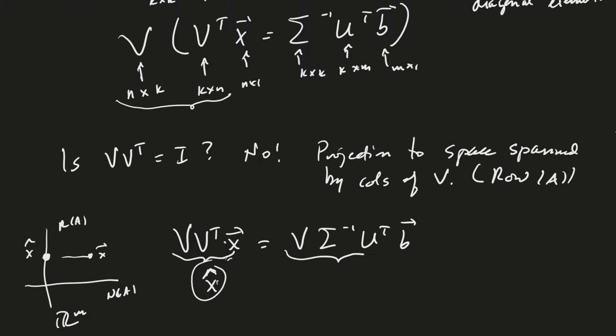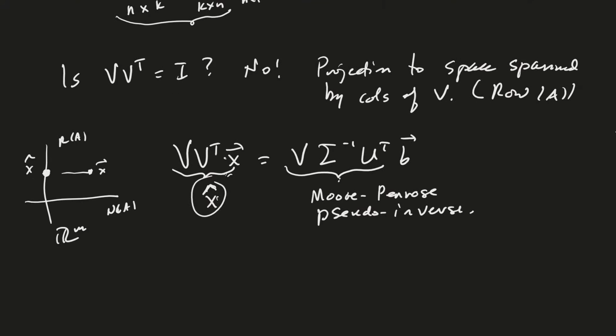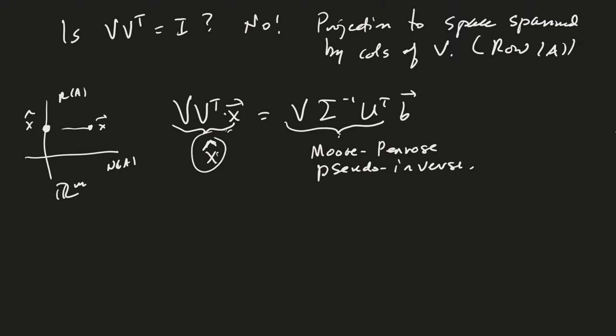And here, this matrix product is the Moore-Penrose pseudo-inverse. And so notice how that got constructed, right? So if A is equal to U sigma V transpose, then this is the reduced SVD.